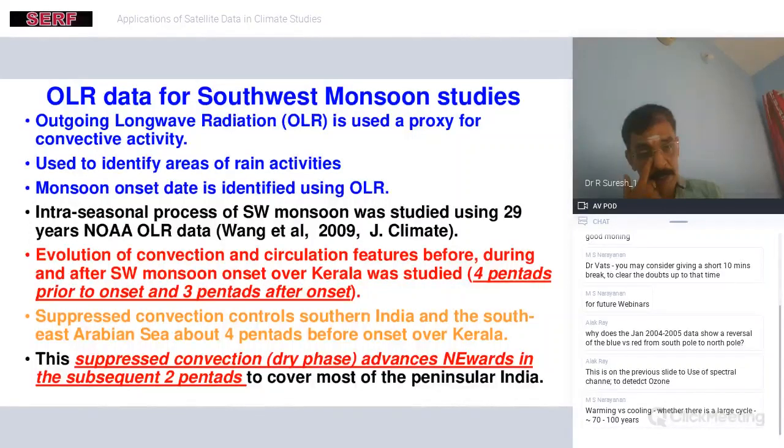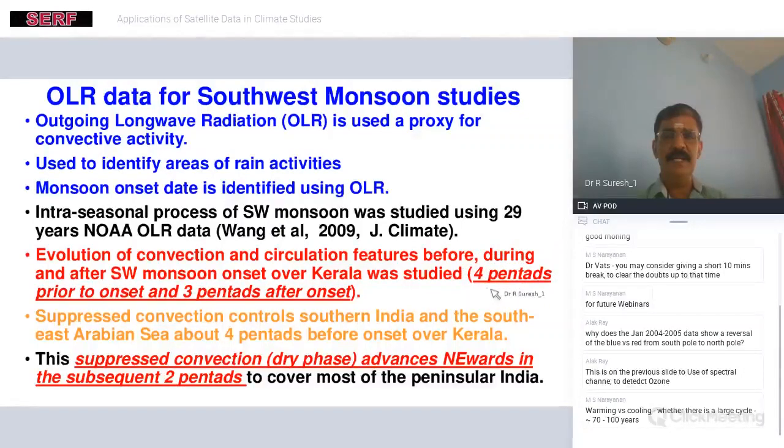The OLR, to understand the onset of the southwest monsoon over Kerala, was studied well by Wang et al., published in the Journal of Climate in 2009. Here the OLR data available, I think it was about 28 years, if I am right, 29 years, yes, it's mentioned here, 29 years.